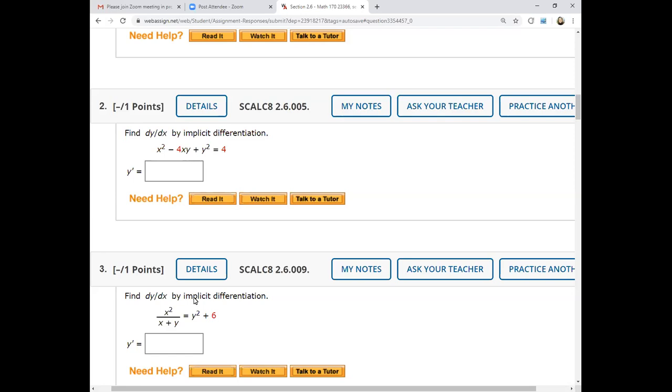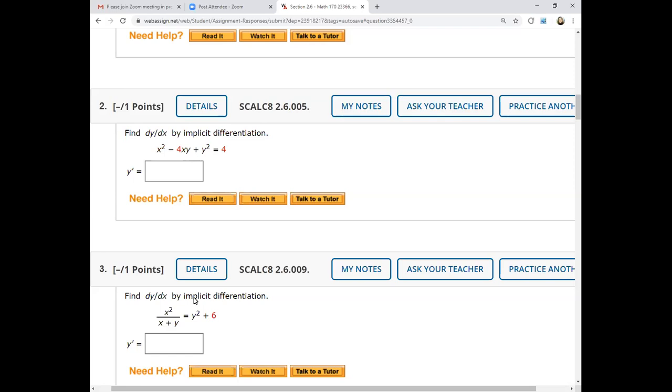Now I'm going to factor out dy dx from the left side. So I have 2y minus 4x, in parenthesis, times dy dx equals 4y minus 2x.